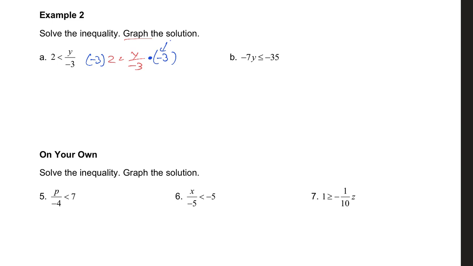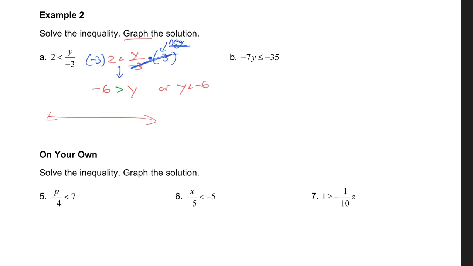Notice I'm multiplying by a negative, which means this symbol has to flip-flop. Instead of being a less than, it becomes greater than. My -3's cancel. I'm left with a y on the right, and on the left, I have my -6. So the answer is -6 greater than y, or you could write it as y less than -6.